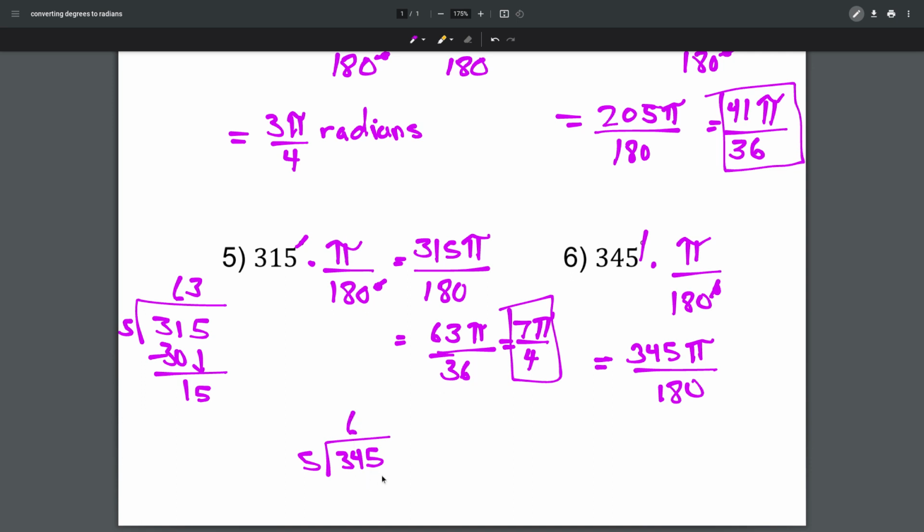And we're left with 45. 5 goes into 45 9 times. So it's 69 pi over 36. Both of these are divisible by 3. So if I divide 69 by 3, I get 23 pi over 12. And we'll leave it like that.